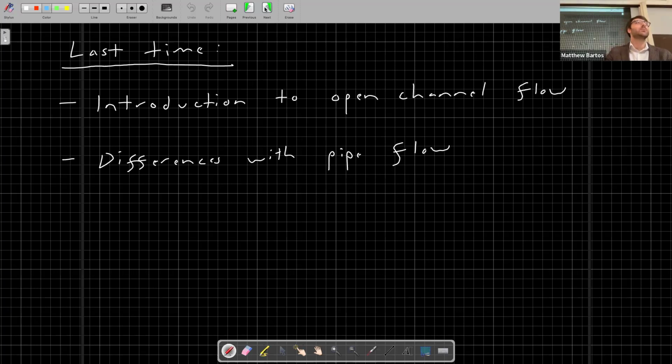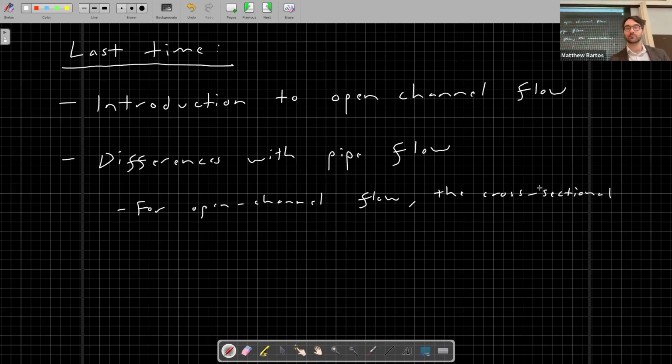What were some of the differences between pipe flow and open channel flow that we need to account for? Yes. Very good. So for open channel flow, the cross-sectional geometry is not constant.